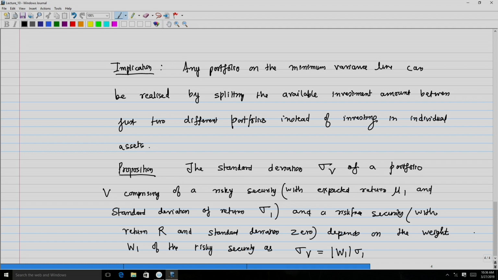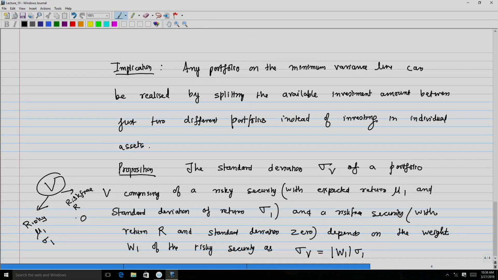So, this means the following, that I am considering a portfolio V. In my portfolio V, there is a risky security and then there is a risk free security. For the risky security, the expected return is mu 1 and the risk is sigma 1, and for the risk free security the expected return is R, which is just a deterministic quantity because it is risk free, and because it is risk free the standard deviation in this case is going to be equal to 0.